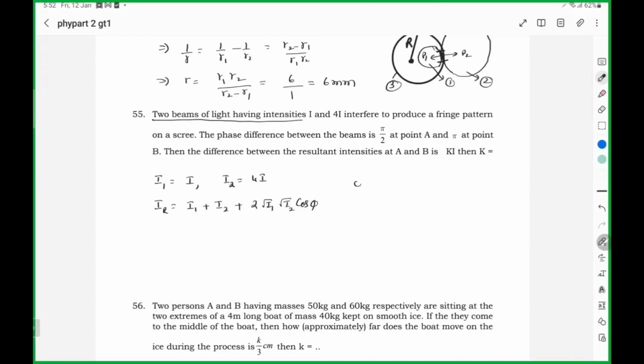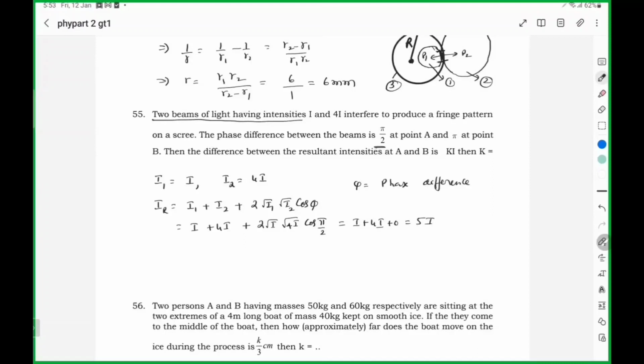Here phi is the phase difference. So here I plus 4I plus 2 root I 4I, and phase difference is pi by 2. I plus 4I plus 0, 5I.